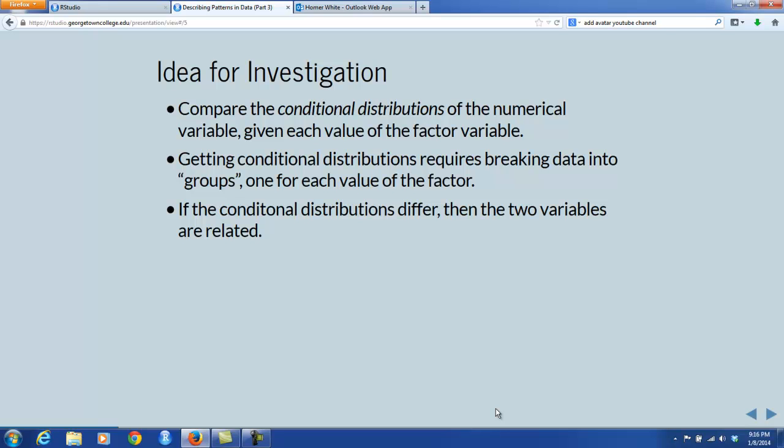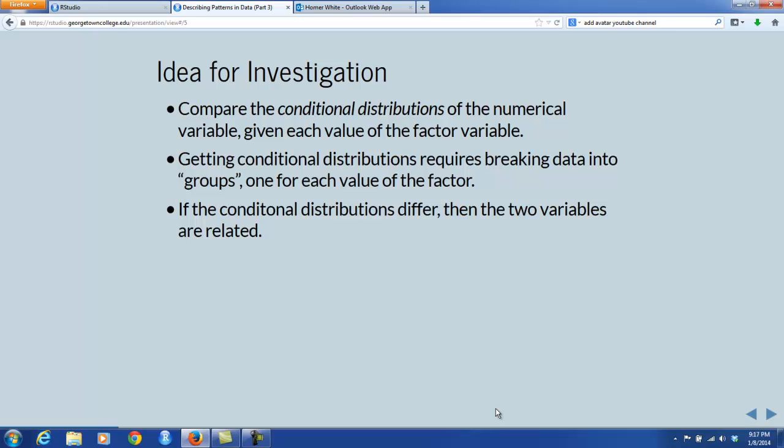That's what we're going to do in this situation as well. We're going to look at the conditional distributions of the numerical variable given each of the possible values of the factor variable. This means that we're going to be looking at the fastest speeds broken down into two groups. One for the value of sex equal to female, and the other for the value of sex equal to male.